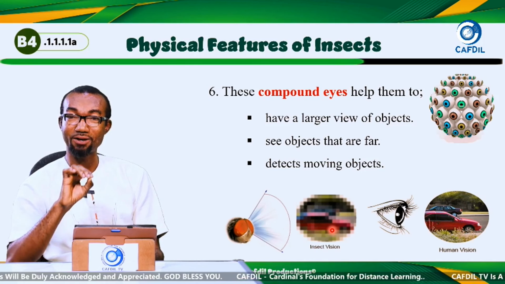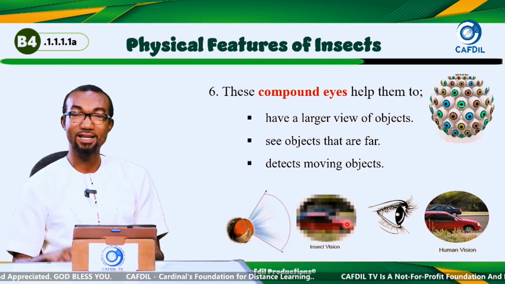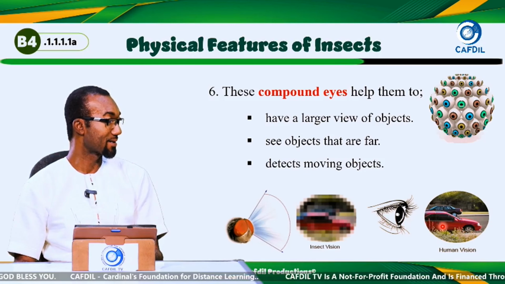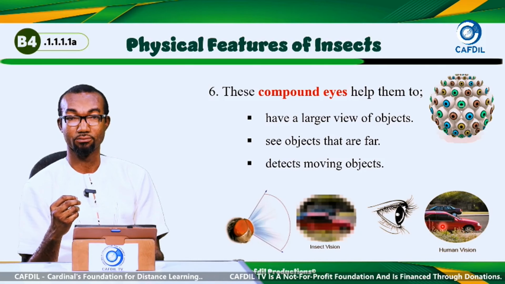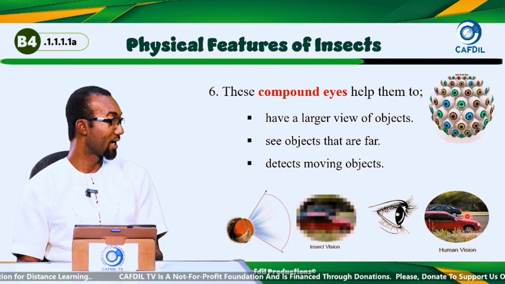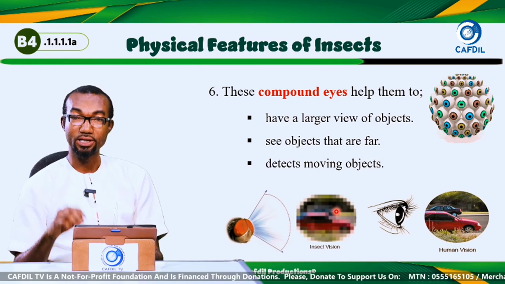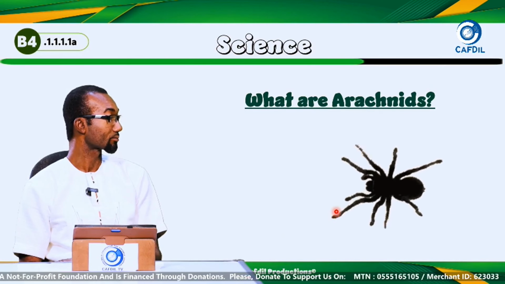So even though they have lots of individual eyes grouped as one, they cannot see as clearly as our eyes see. If you look at these two images, you see that we see clearer than insects. So insects have compound eyes.